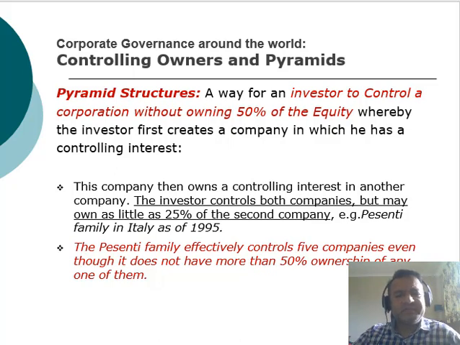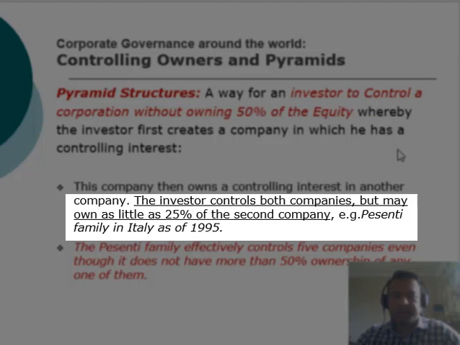In this situation, the investor first creates a company in which he has a controlling interest. This company then owns a controlling interest in another company. The investor controls both companies but may own as little as 25% of the second company.